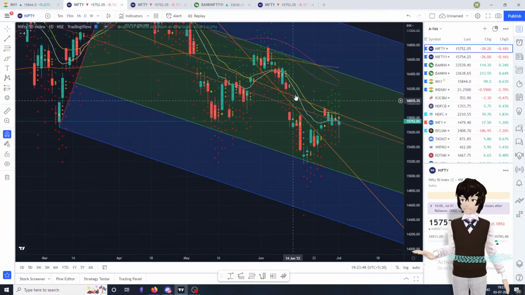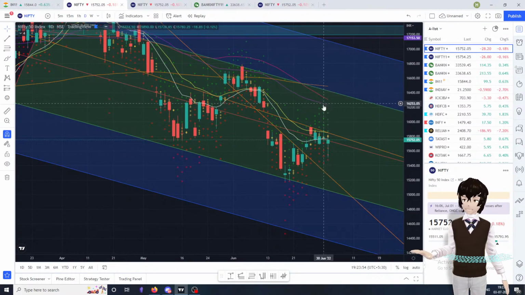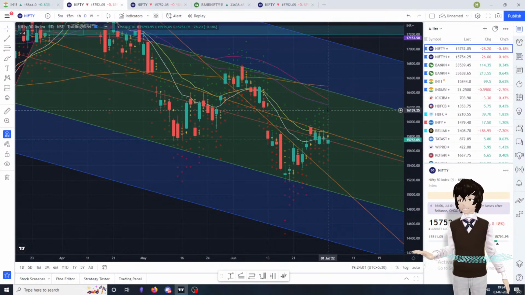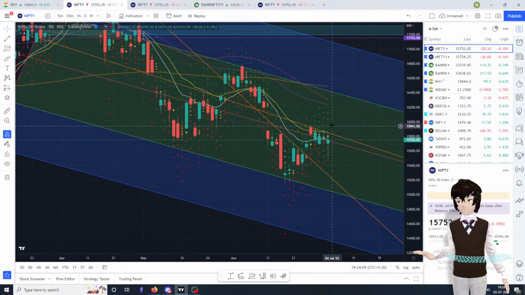16,189, the gap area, and around these EMAs or this EMA, anywhere it can climb till any point, and I'm not sure where it will stop. It can even stop at 16,200, and I'm selling exactly 16,200, so it's a very big gamble. I would rather close anything that I have on this day itself.